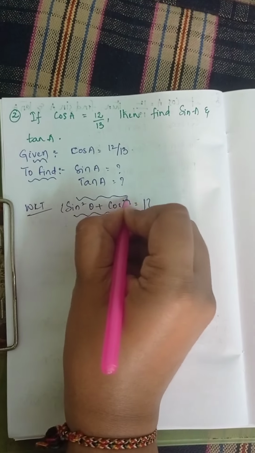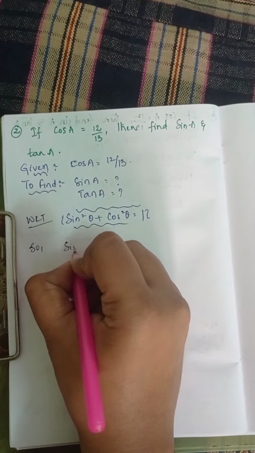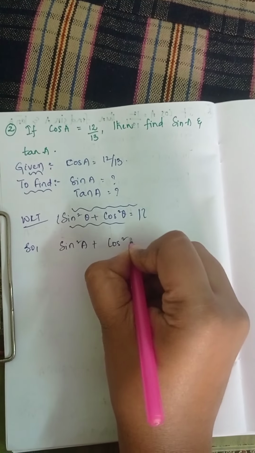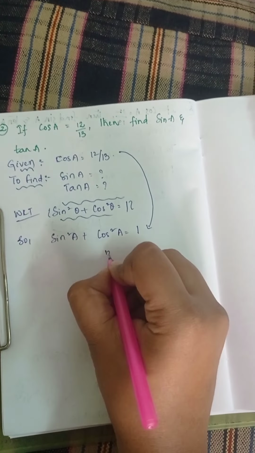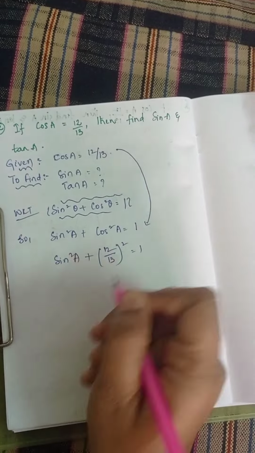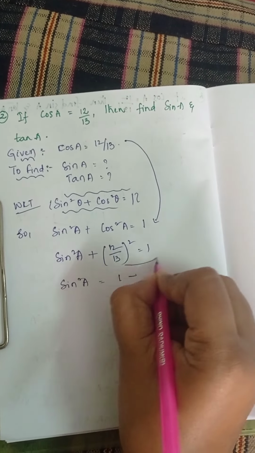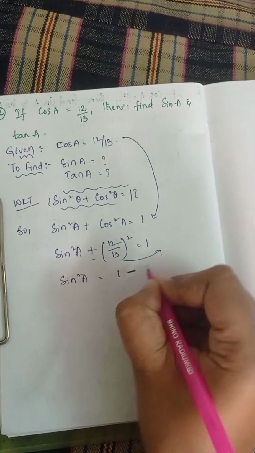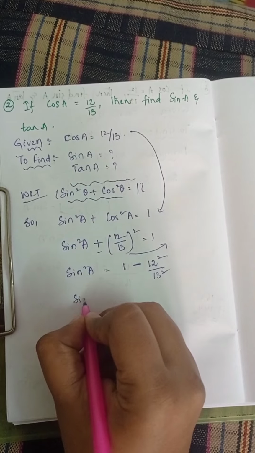From this identity we are going to find it out. So sin square A plus cos square A is equal to 1, right? So as given, cos A 12 by 13 whole square, right? So sin square A is equal to 1 minus 12 square by 13 square, right?